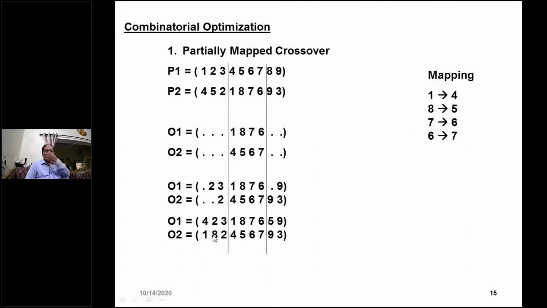So we got offspring 1: 4, 2, 3, 1, 8, 7, 6, 5, 9. Offspring 2: 1, 8, 2, 4, 5, 6, 7, 9, 3. This is the partially mapped crossover.